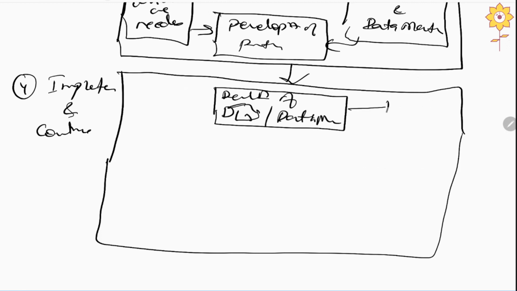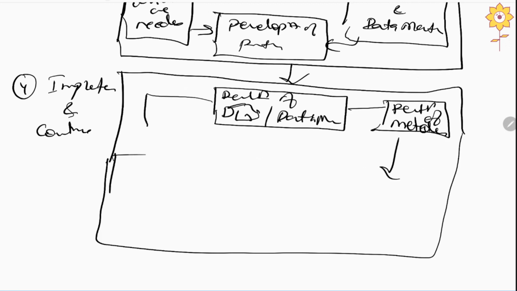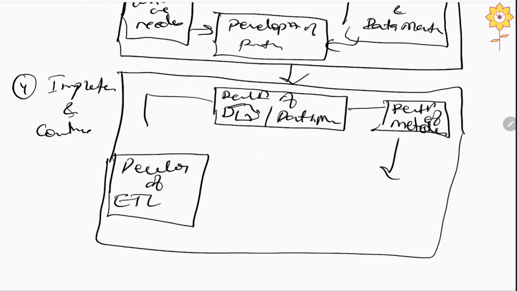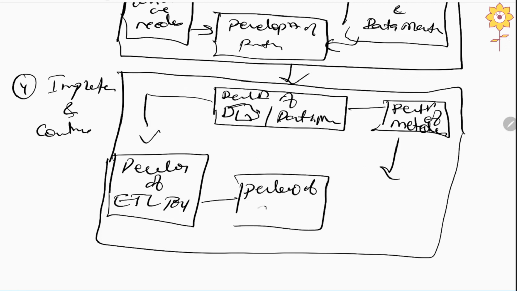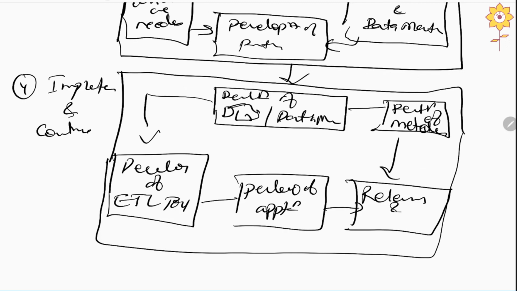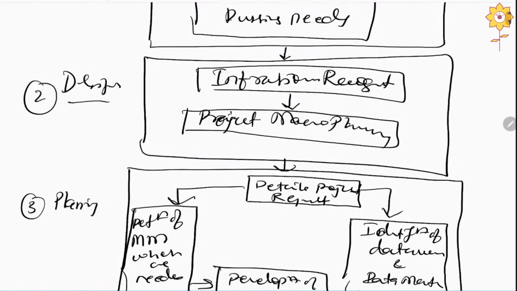Then we have development of metadata. Then we have another component, that is development of ETL tool. We have development of application, and lastly we have releasing and testing. So, these are the different phases that are involved.